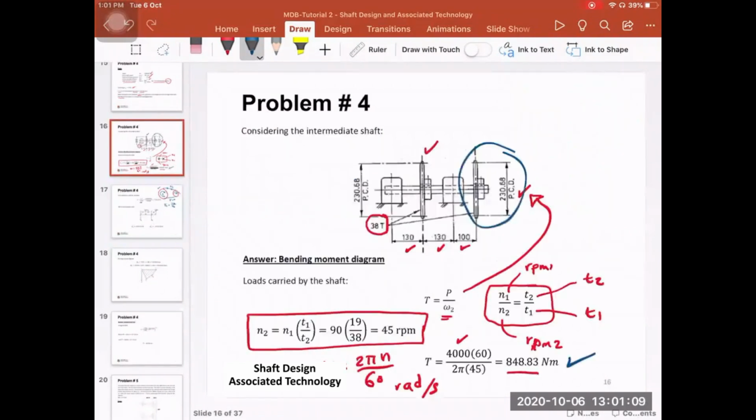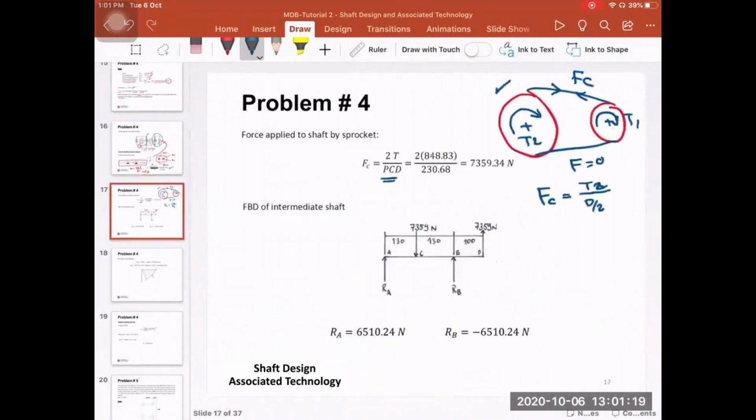Remember the pitch circle diameter of this sprocket is 230.68. So here we have the pitch circle diameter, and then we have the torque. This gives us the force on the tight side of the sprocket.